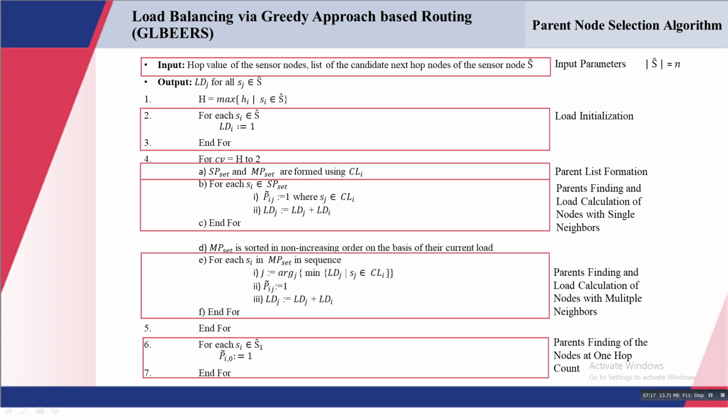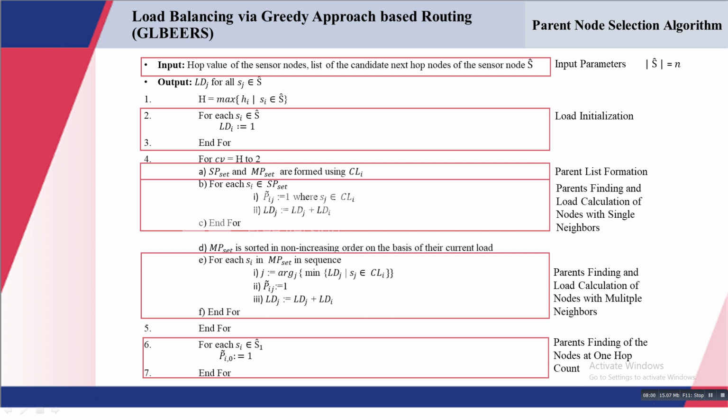The load value is initialized for each node, and each node has an initial load value of 1. After that, we start balancing the load on the sensor nodes in a way that we start from the maximum hop count and move towards the sink node. Fine. This value 2 shows the hop count value 2, and we will see why we have taken this 2 instead of 1.